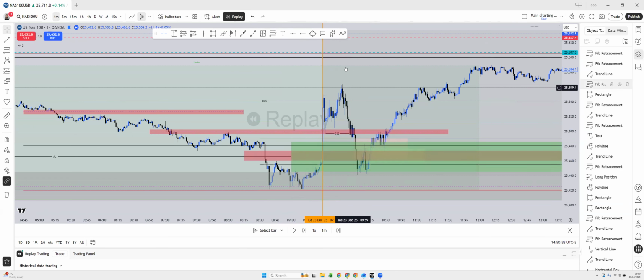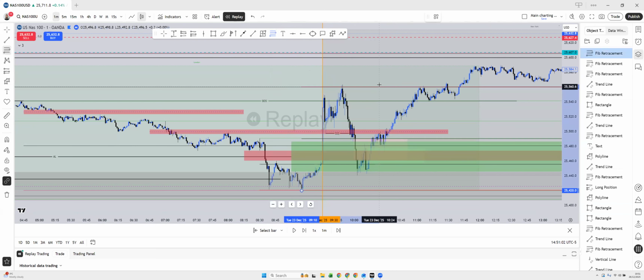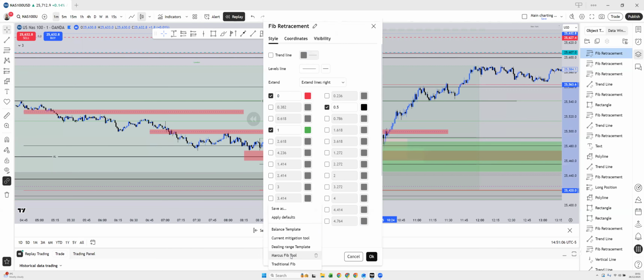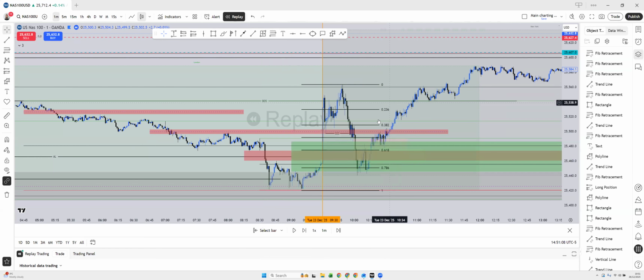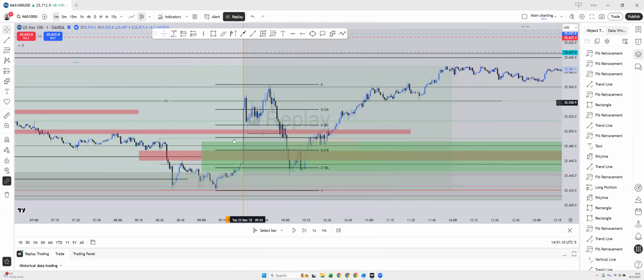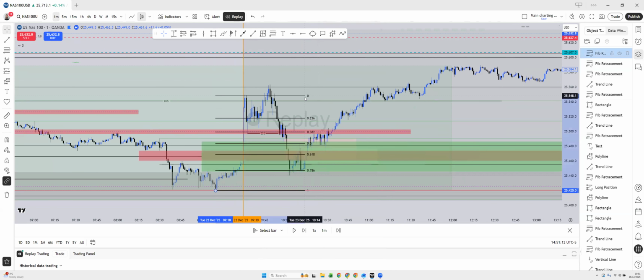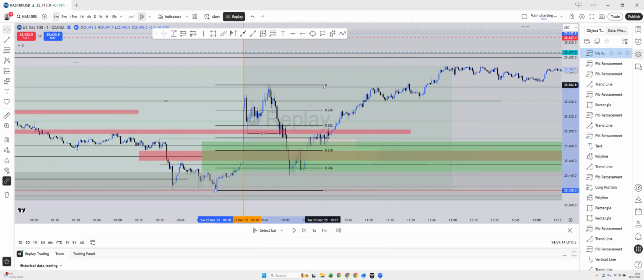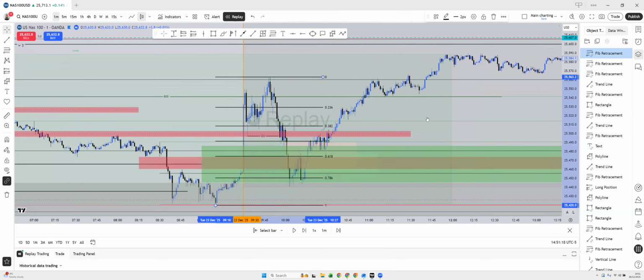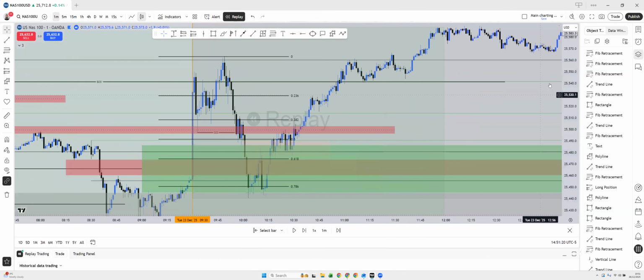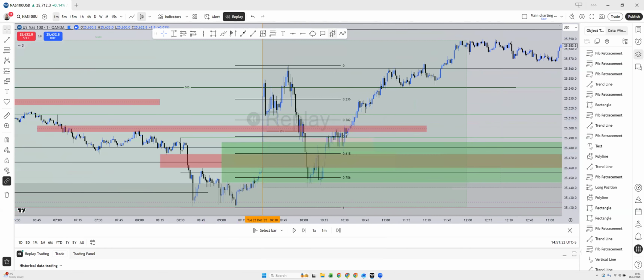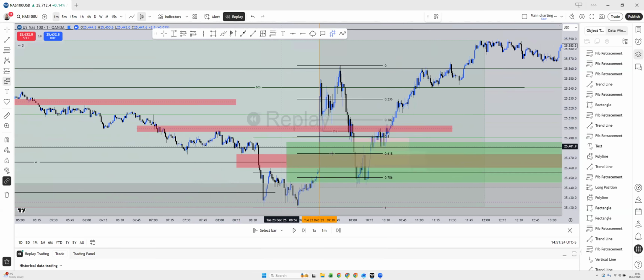I'm going to draw the traditional fib on here from top to bottom. Actually, we did. If you look here, I'm going to draw the BME cycle.